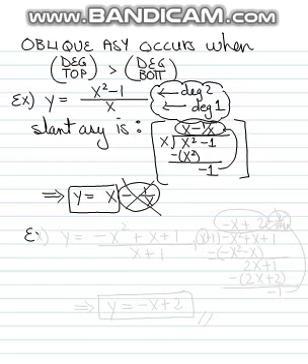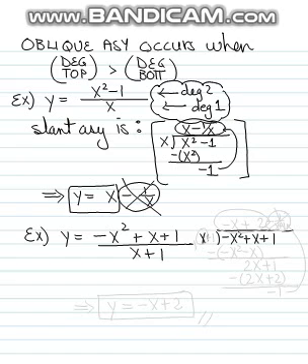Let's try another example. We have y equals negative x squared plus x plus 1 over x plus 1. Let's do the long division: negative x squared plus x plus 1 divided by x plus 1. What do we multiply x by to get negative x squared?